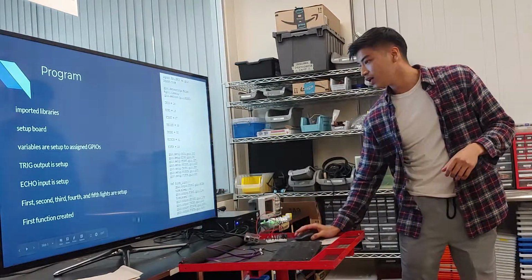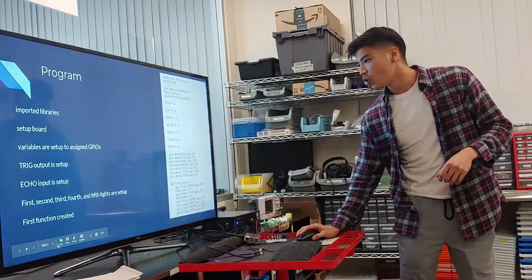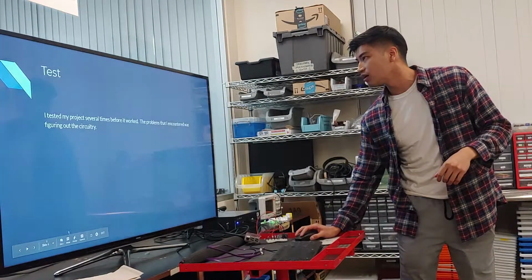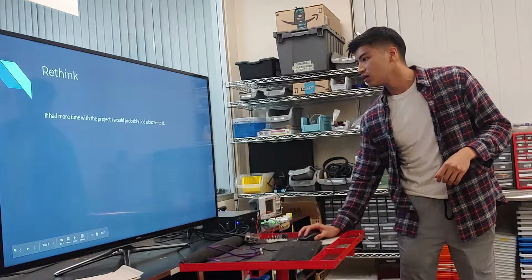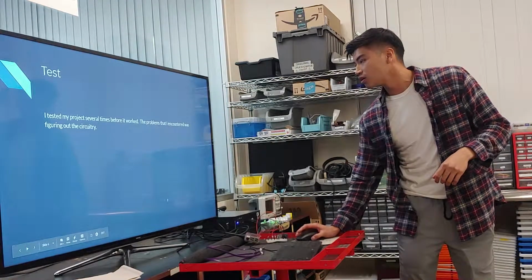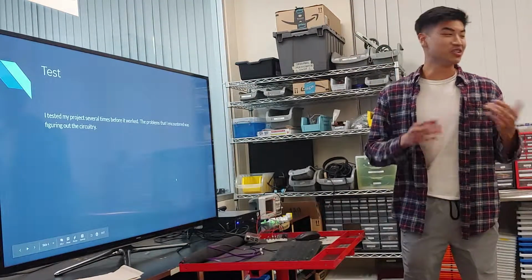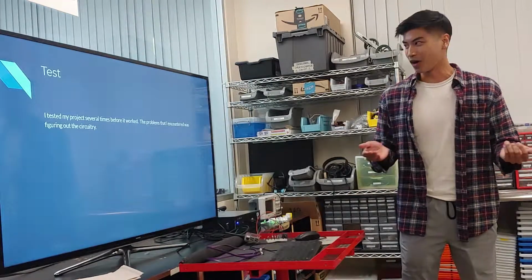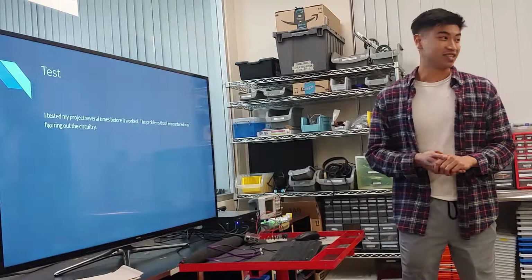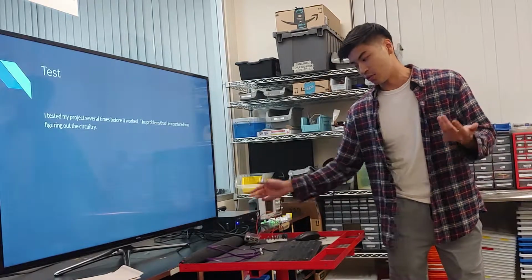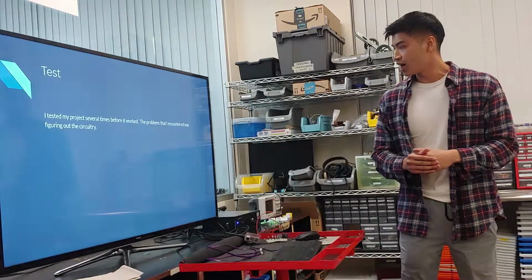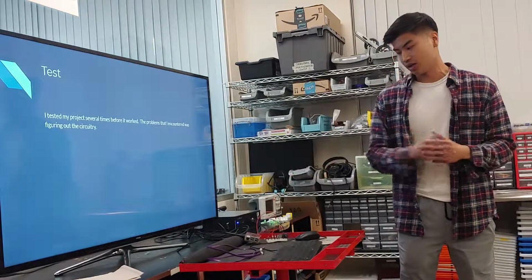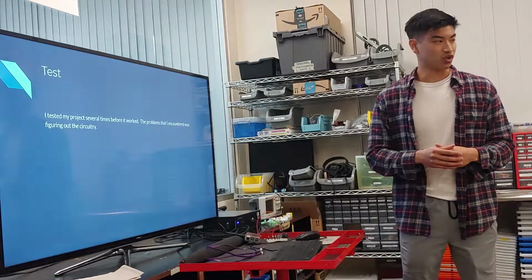Okay, and then we will go on to the next. Being a noob, I tested my project several times before it worked. Since this is the first time I've ever worked with circuitry, I encountered a lot of problems, and it took me several tries.